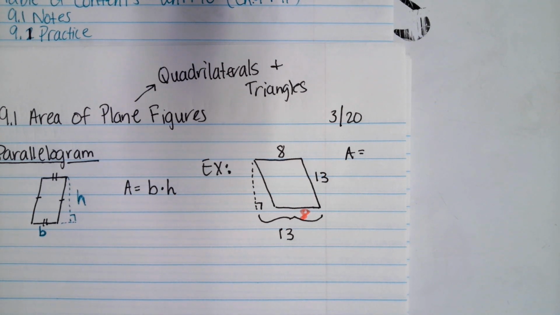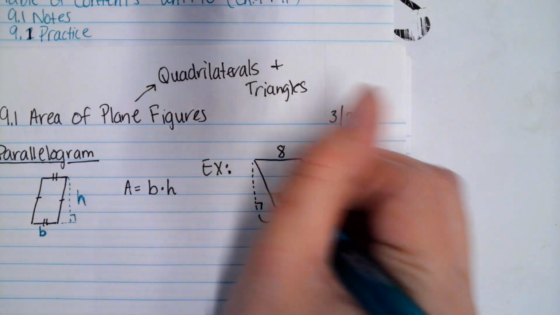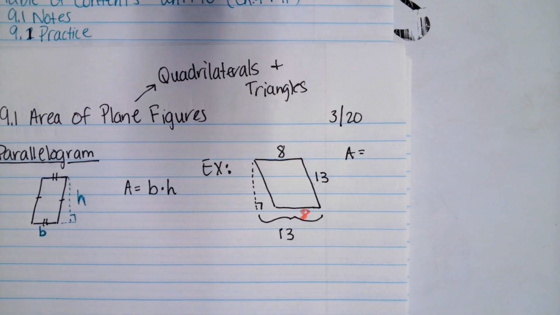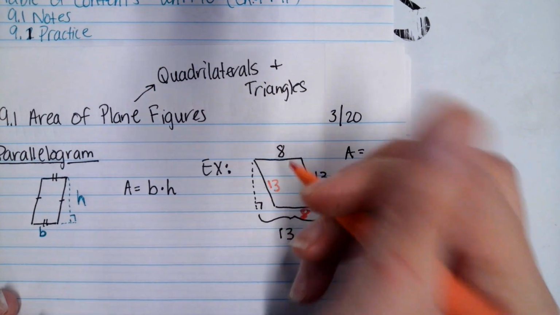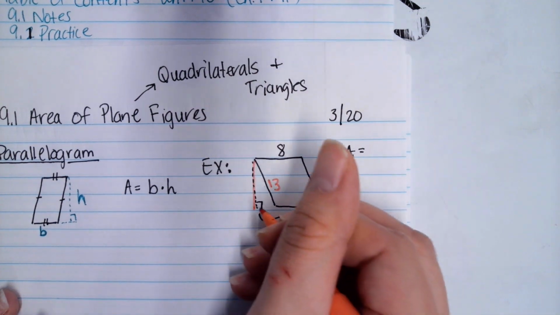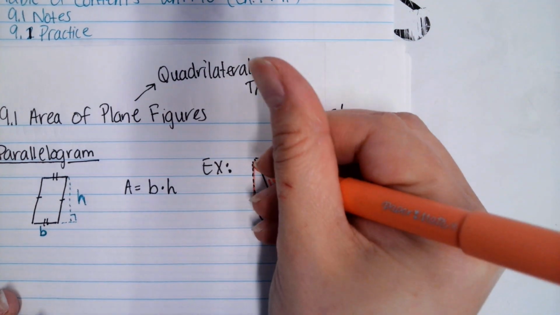Nope. 13 is the slant height. 13 is going to help me find the height though, because again, I know that the opposite sides are congruent. So I know that this side is also 13. I can find the height by making it into what type of problem?